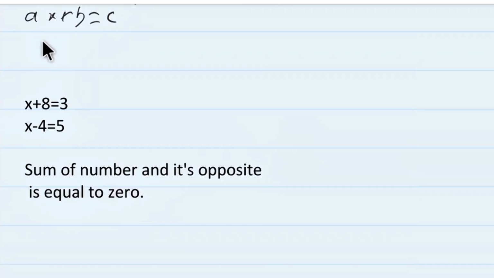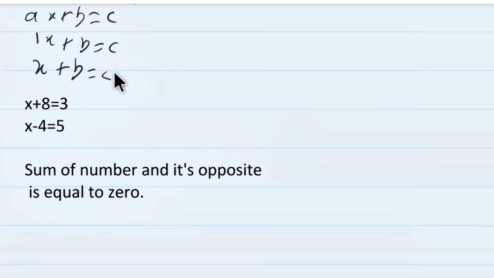First of all, we try to solve the linear equation in which a is equal to 1, that is, 1x plus b is equal to c. Now 1 times x gives x, because 1 times any number gives the same number, that is, x plus b is equal to c.